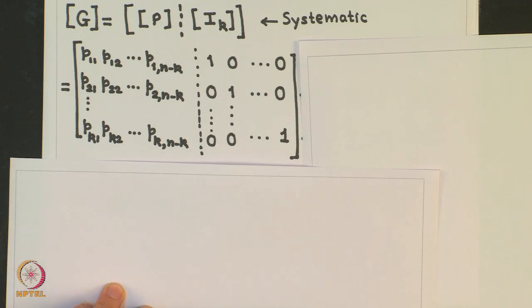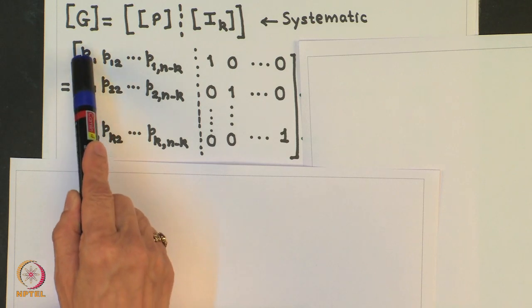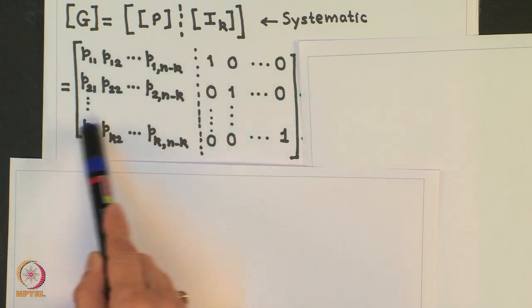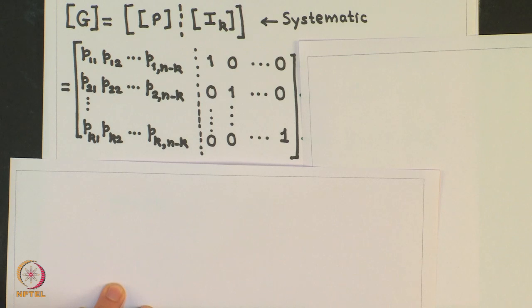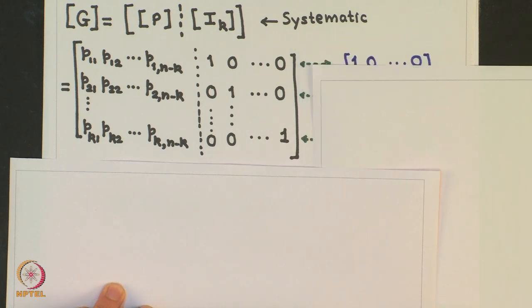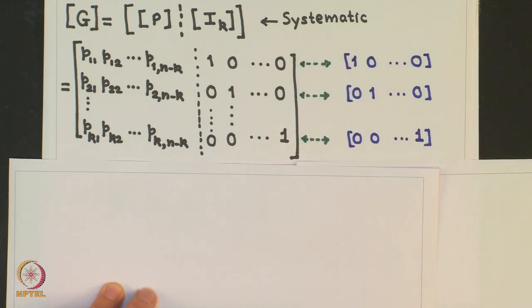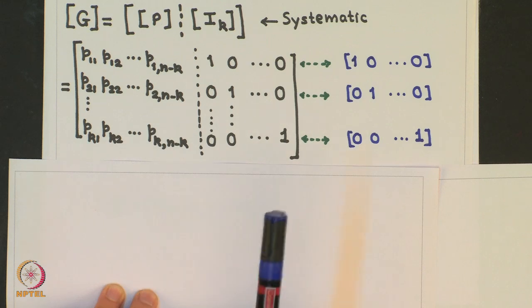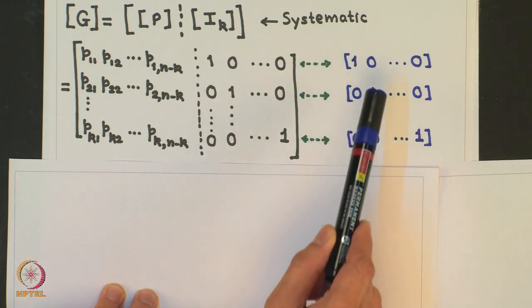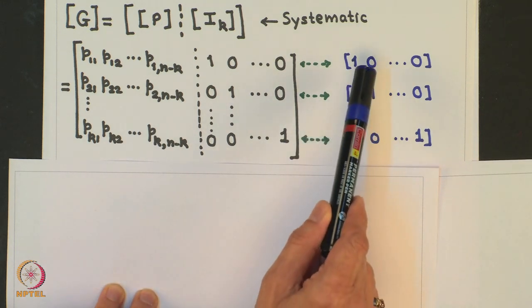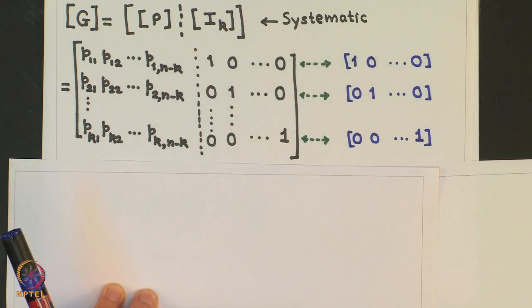Now, based on our discussions, we can easily observe that each of these rows of this generator matrix G correspond to the code words of the unit message vectors, where a unit message vector is defined as a message vector with only one non-zero element.